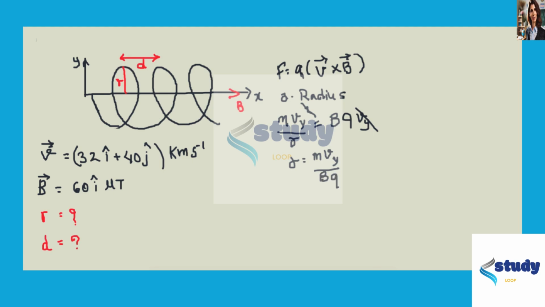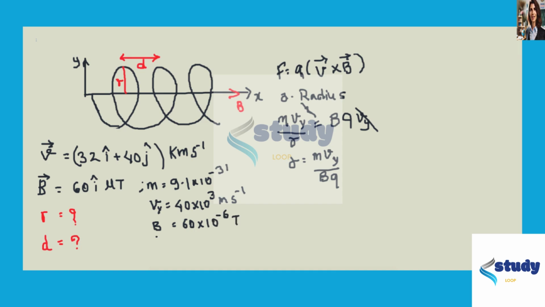We know the mass of the electron, m, is equal to 9.1 into 10 to the power minus 31. We know vy is equal to 40 kilometers per second, so that is 40 into 10 to the power 3 meters per second, and the magnitude of B is 60 microtesla, so that is 60 into 10 to the power minus 6 tesla.